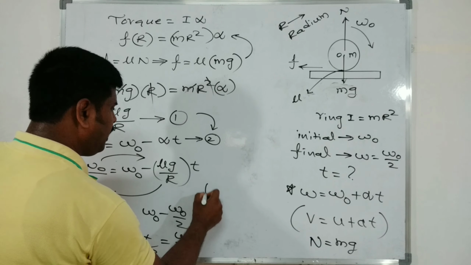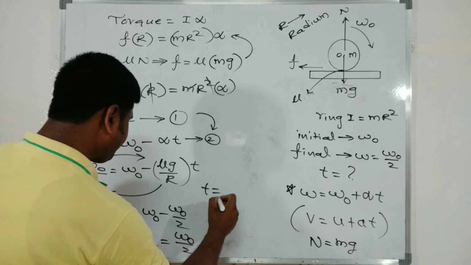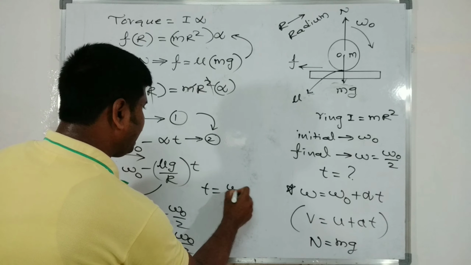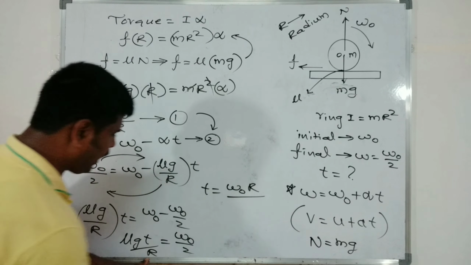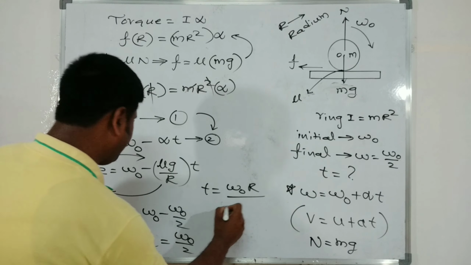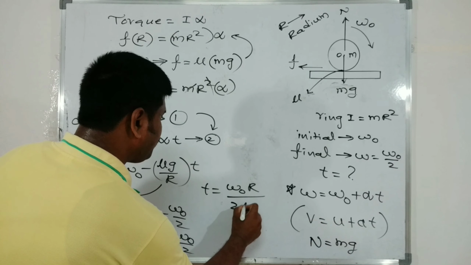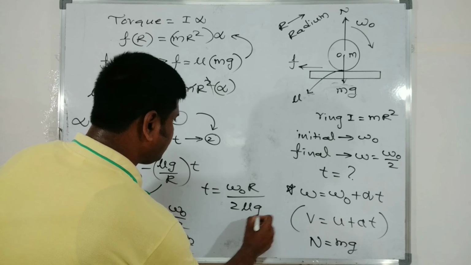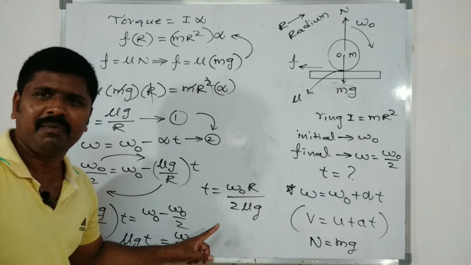So t is equal to omega naught r divided by 2 mu g. This is the answer for the given question.